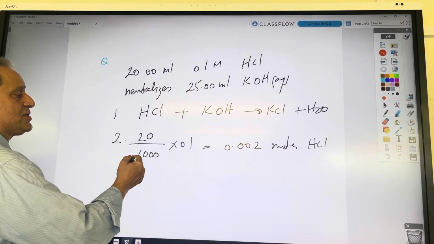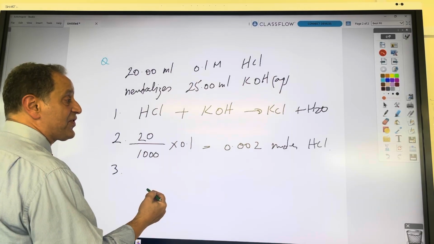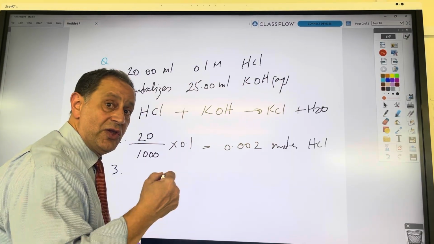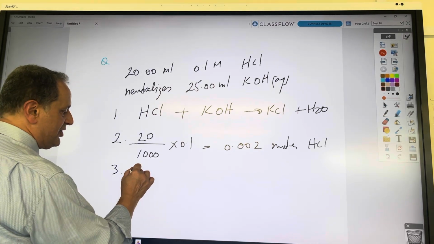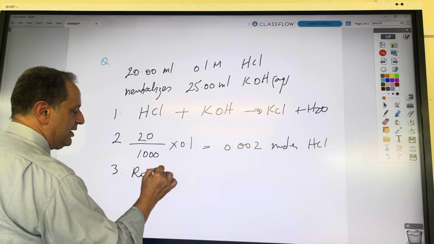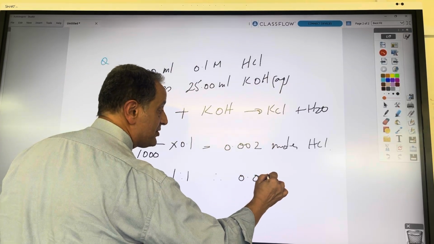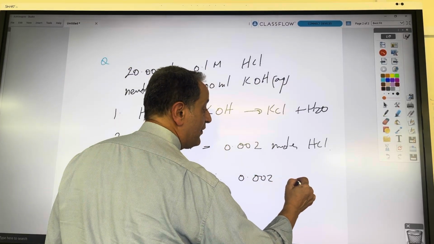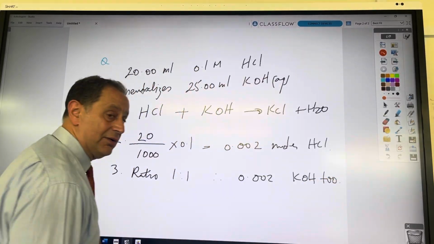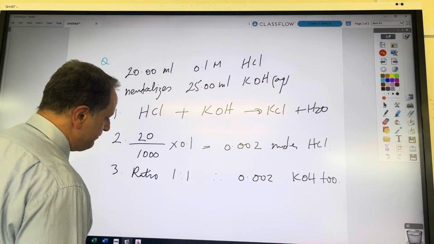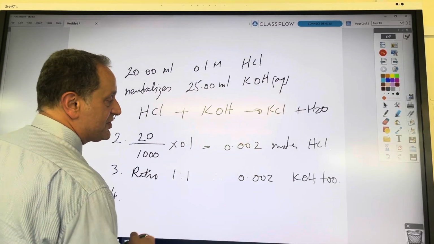So if we've used that many moles of HCl, then step 3 is that by using the ratio, you work out the moles of the alkali. So the ratio is 1 to 1, isn't it? Therefore, 0.002 moles of potassium hydroxide in this case. Agreed? All right. And then 4, remember, we have to work out the concentration of this.